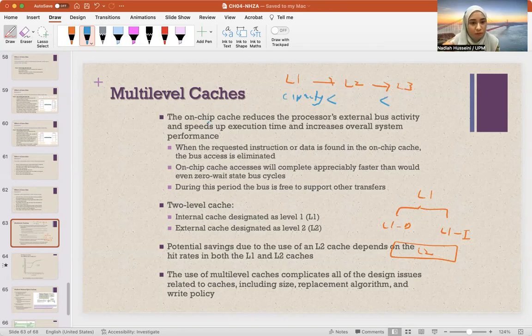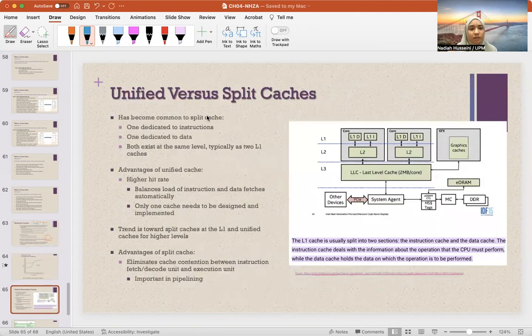Now, we have talked about the multi-level cache. There's no surprise over there. What I want to talk about here is the unified versus the split cache. This is a diagram that I have introduced before. We can see that the L1 is divided into 2. This is called a split cache. Even though it is in the same level L1, it is split into 2 because when you split into 2, you are able to divide the function of each cache.